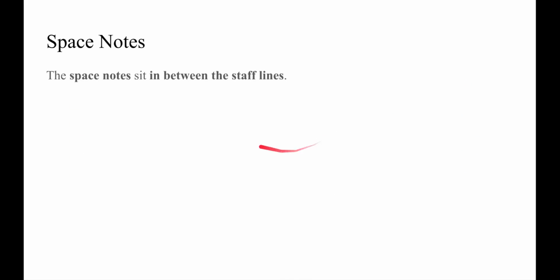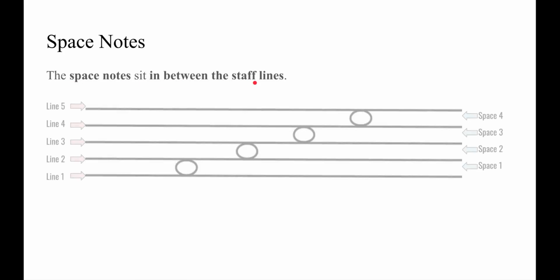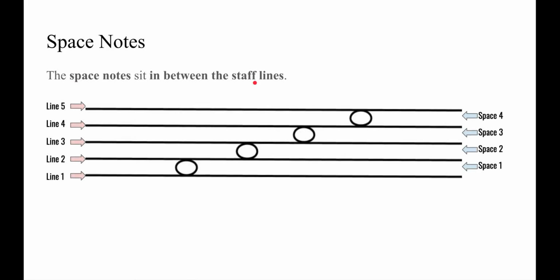Let's move on to space notes now. Space notes sit in between the staff lines like this. Since we're on the theme of food, let's keep imagining that the staff lines are like sticks, and the notes are in between the sticks.